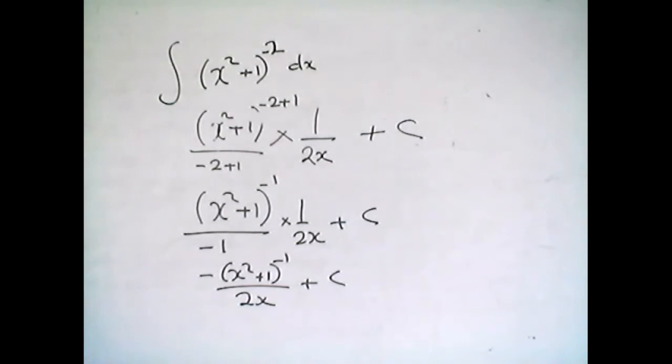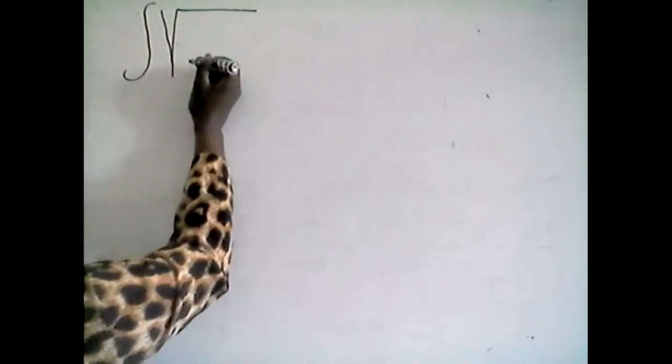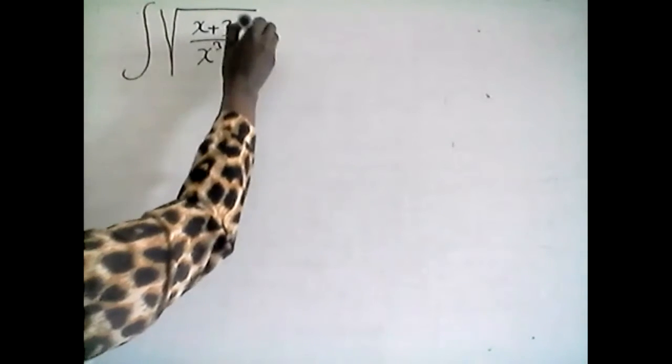So now, if that is the case, then when you look at question number 2J, applying the same idea, applying the same knowledge on question number 2J, let's see what is going to happen. So we have the integral of the square root of x plus 3 over x cubed dx.